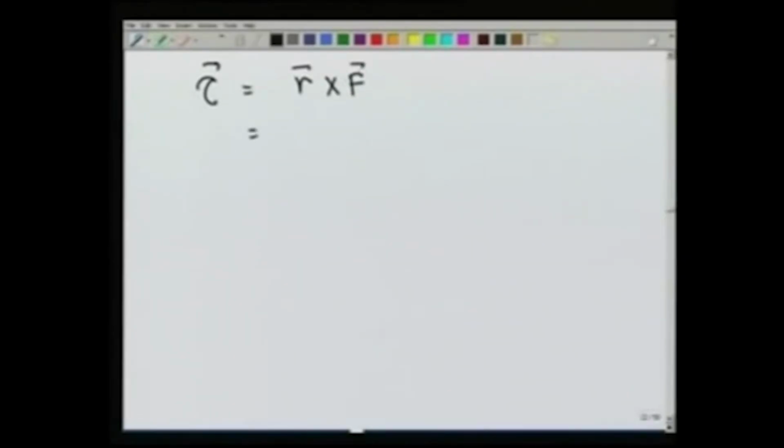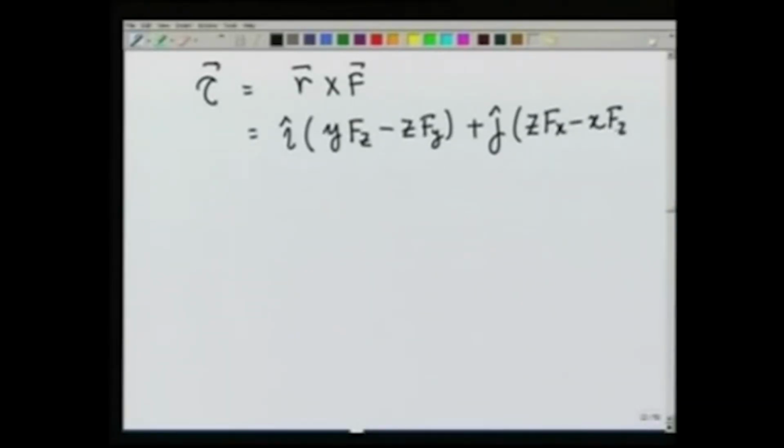Its component in the x direction is going to be y F_z minus z F_y, plus the component in the y direction, which is z F_x minus x F_z, plus the component in the z direction, which is x F_y minus y F_x.